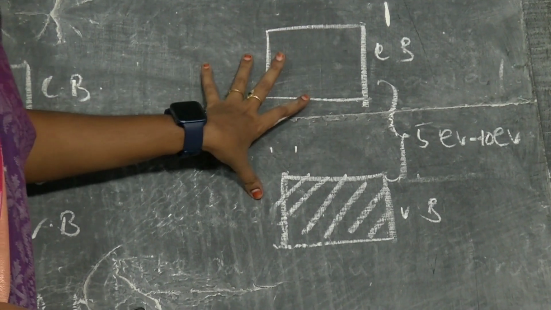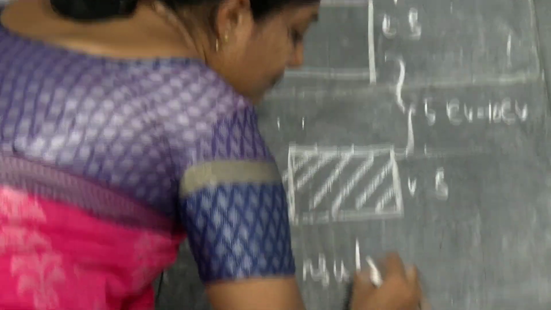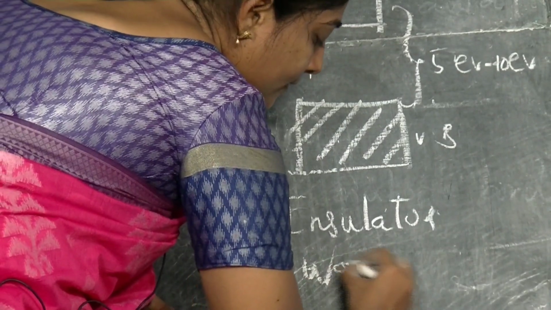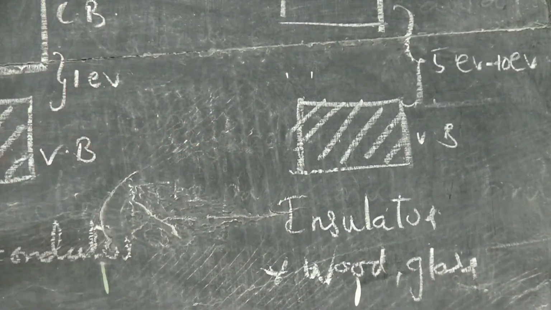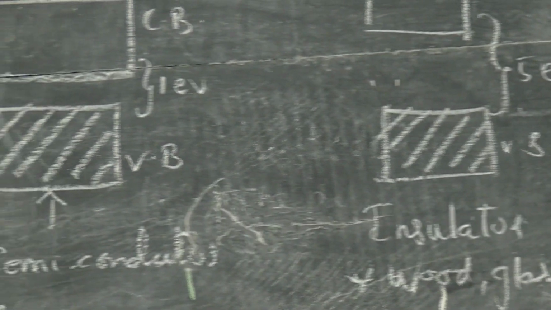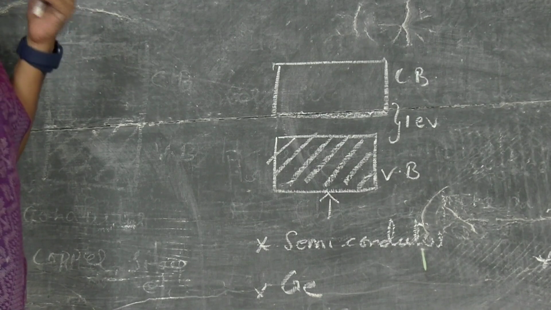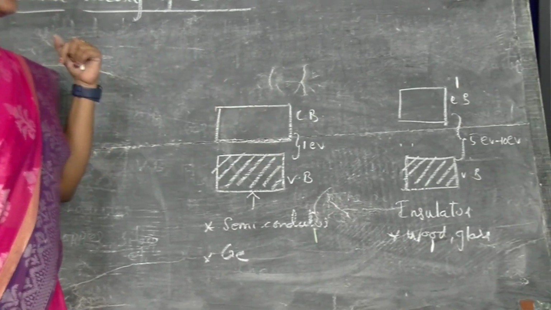So it acts as an insulator. Examples of insulators are wood and glass. Generally, metals may be conductors, metalloids may be semiconductors, and non-metals may be insulators.